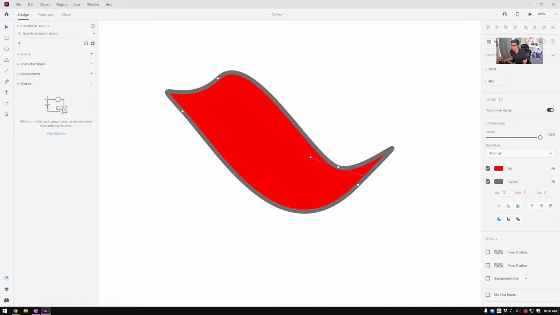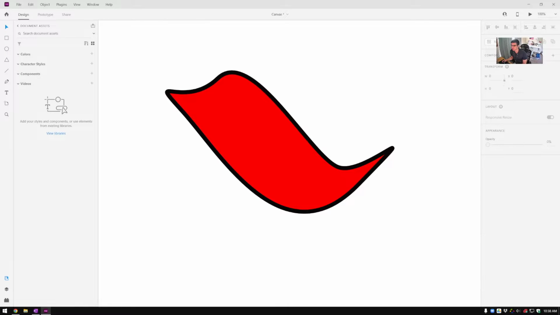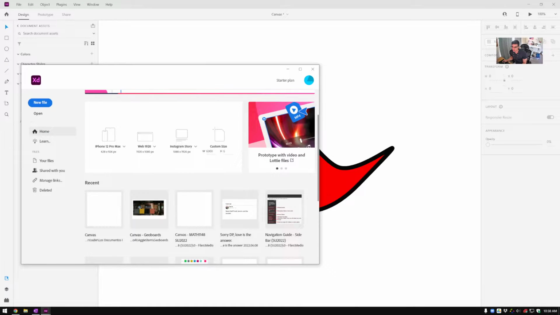So I can take a few sessions with you to show you how to create vector graphics. This is used for logos, yeah. It is free software.